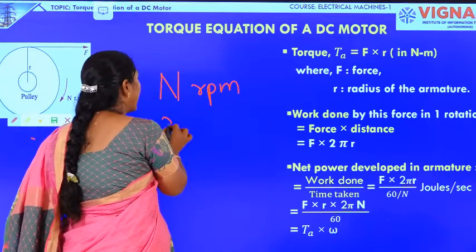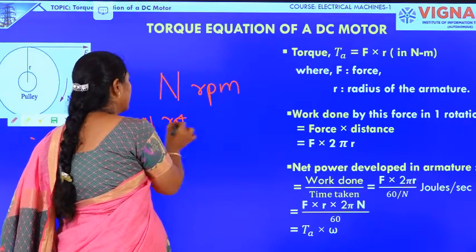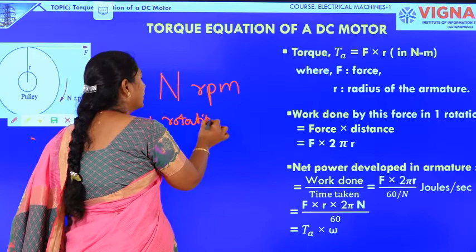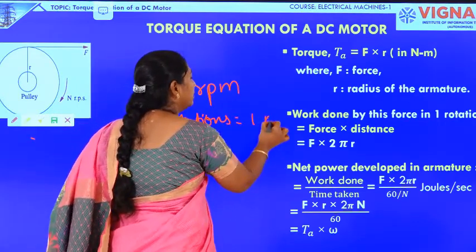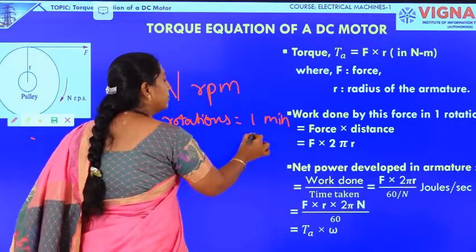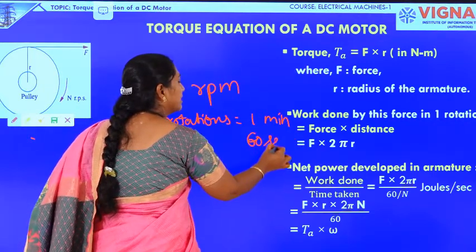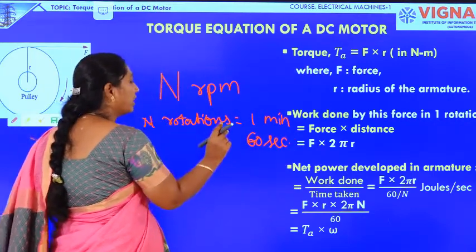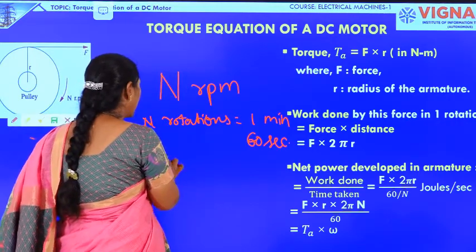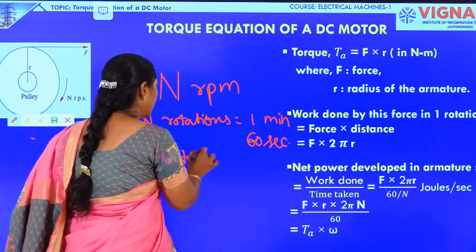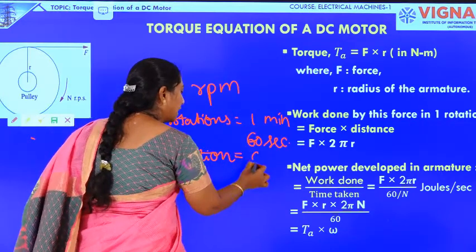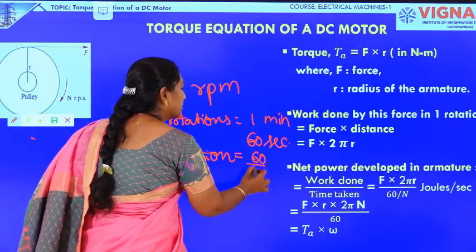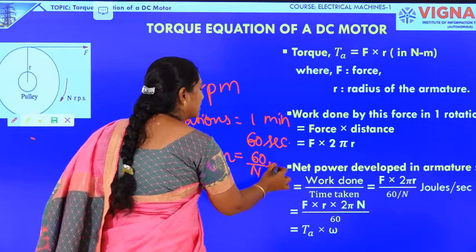It means n rotations are made by the rotor in 1 minute. 1 minute means 60 seconds. Now what is the time taken for one complete rotation? The time taken for one complete rotation can be obtained as 60 by n seconds.